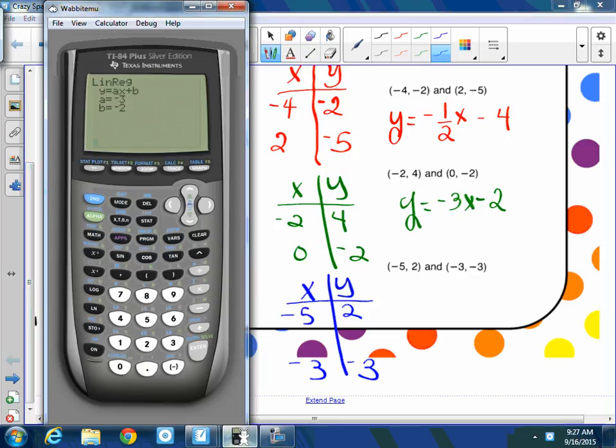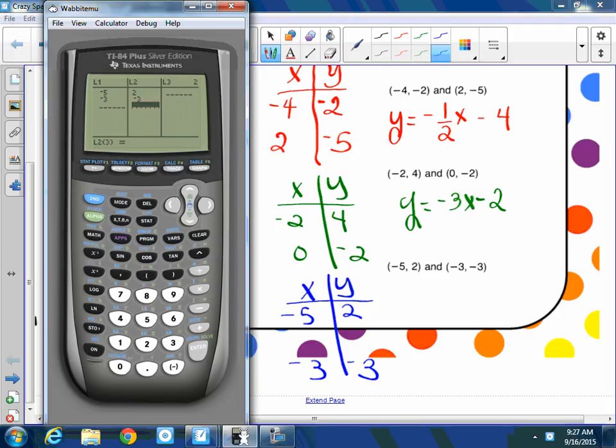Go back to where? Stat, edit, and then clear that list. All right, let's write it. Negative 5, negative 3, 2, and negative 3. Make sure you're correct. Negative 5, negative 3, 2, negative 3.